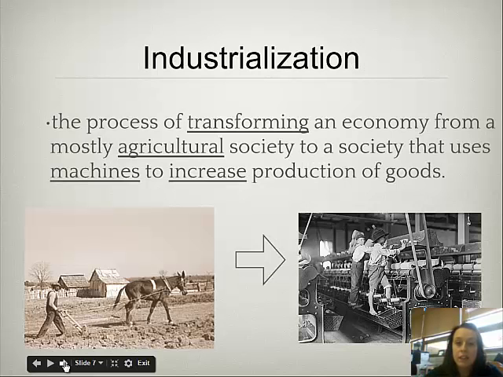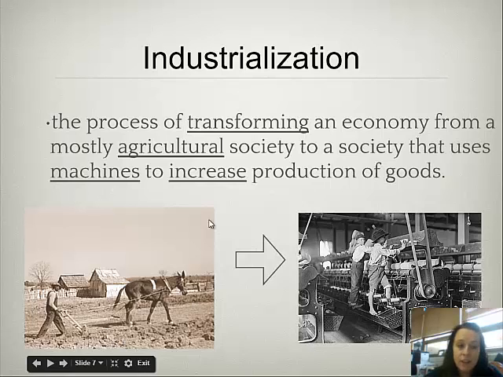So here's another way that you can think about industrialization. This is the process of transforming an economy from mostly agricultural to one that uses machines to increase the production of whatever it is. Maybe it's goods or maybe it's crops. So there's a lot of revolutions in agriculture and new inventions in agriculture that create a large amount of crops.